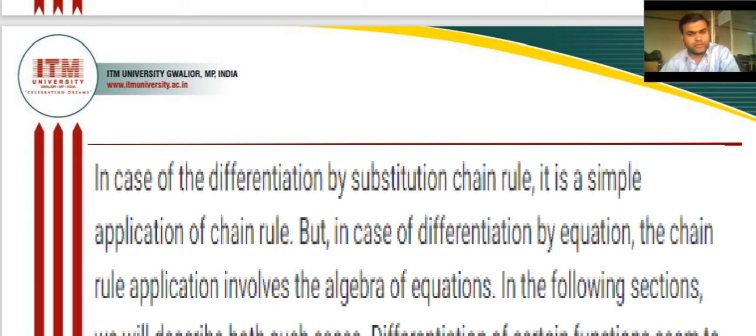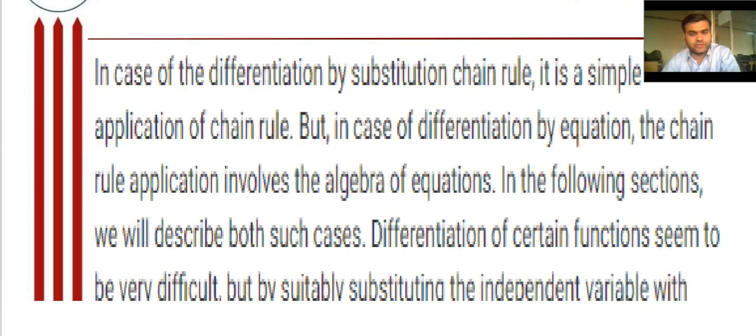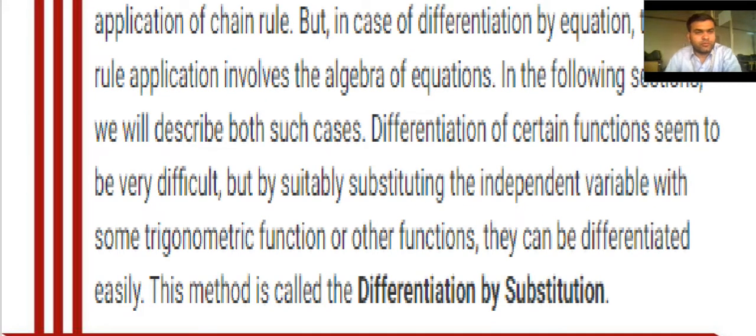In the case of differentiation by substitution chain rule, it is a simple application of the chain rule. But in the case of differentiation by equation, the chain rule applications involve the algebra of the equation. In the following sections, we will describe both such cases.